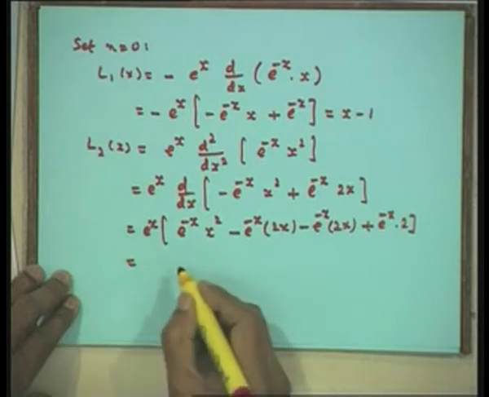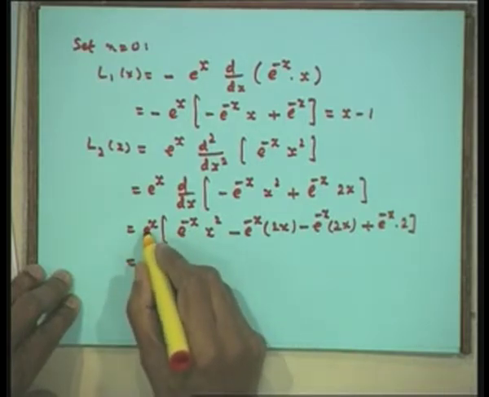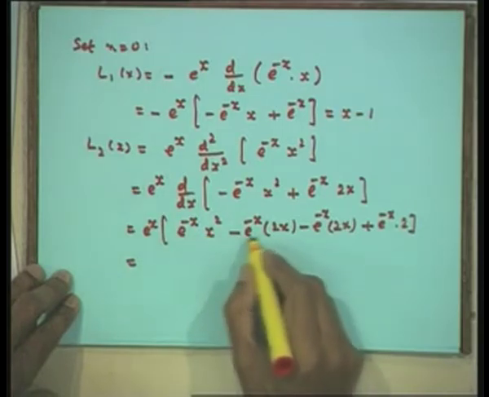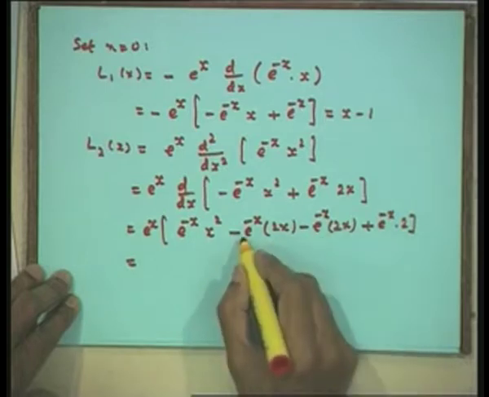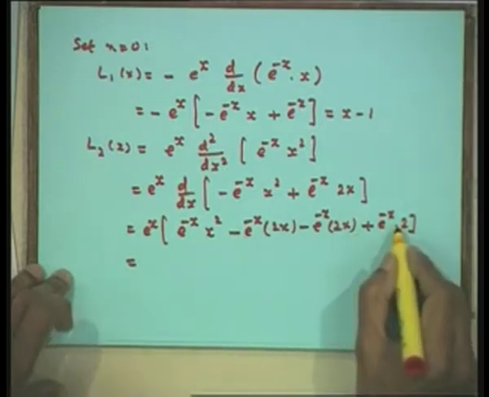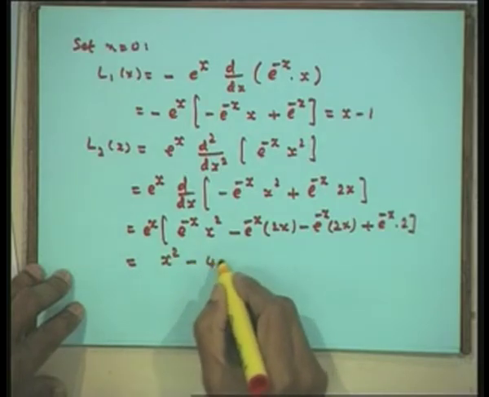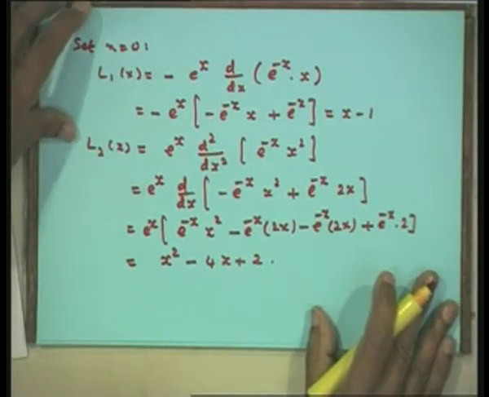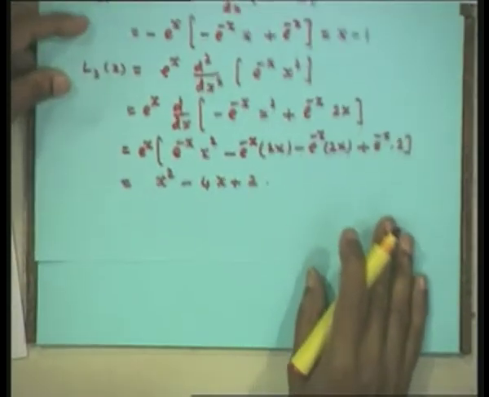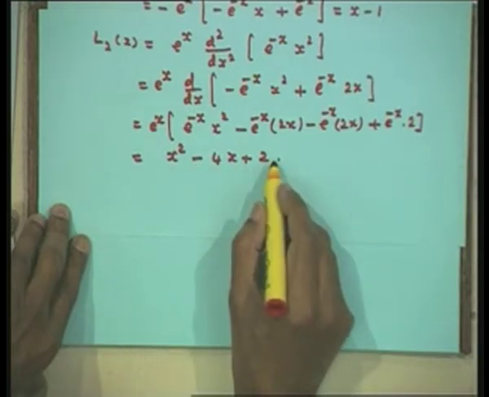Now, let us simplify it. E to the power of minus x cancels e to the power of x. This is x squared, this is minus 2x, this is minus 2x. Therefore, that gives us minus 4x, and this gives us 2. Therefore, the Laguerre polynomial L2 of x is given by x squared minus 4x plus 2.